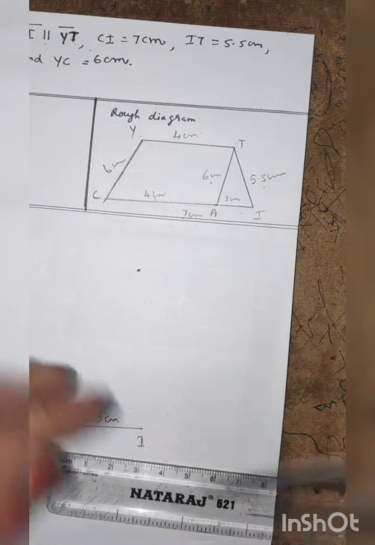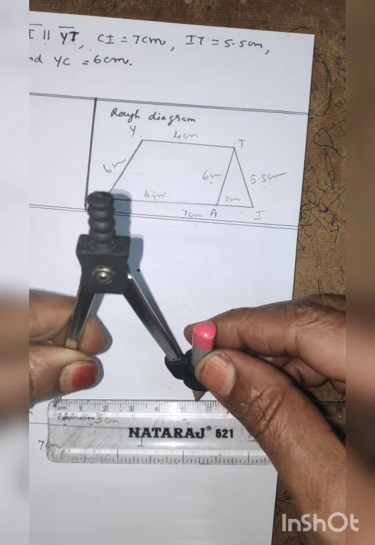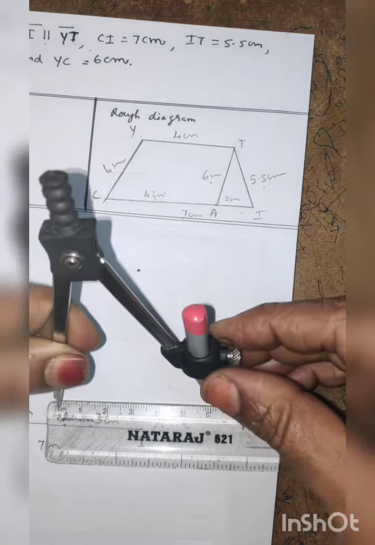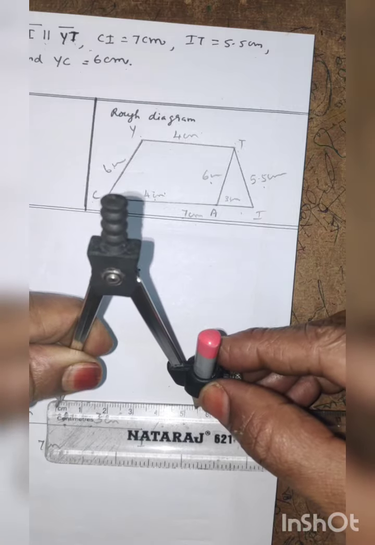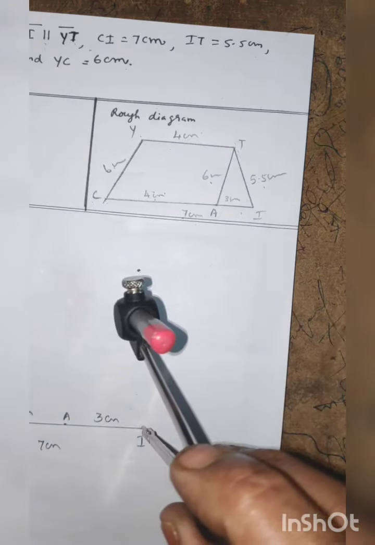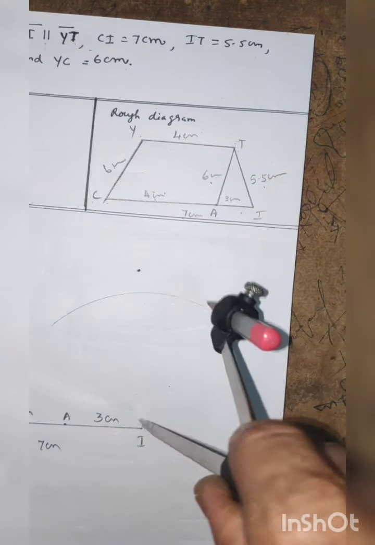Keep the point at I and cut the arc, 5.5 centimeter.